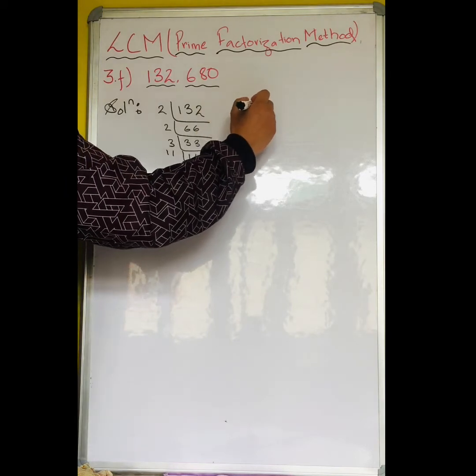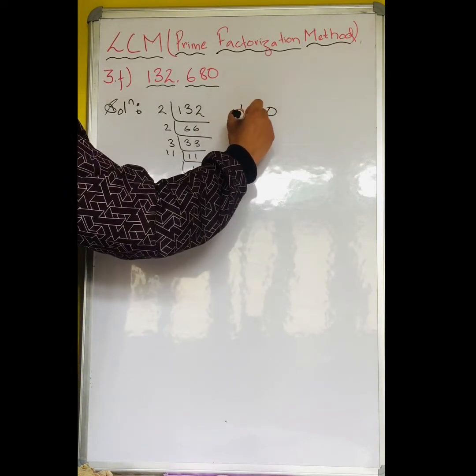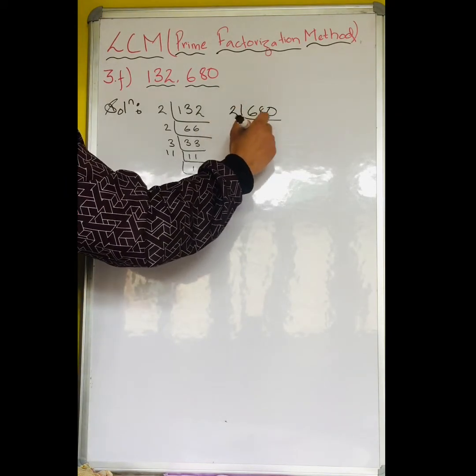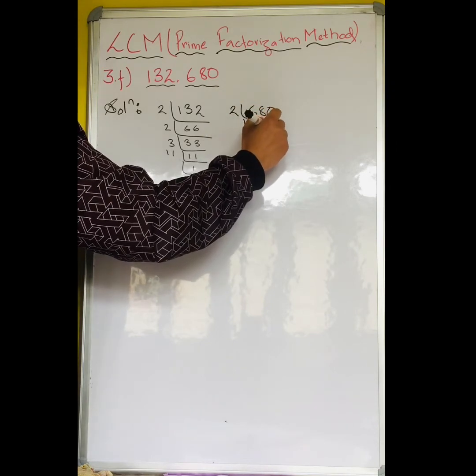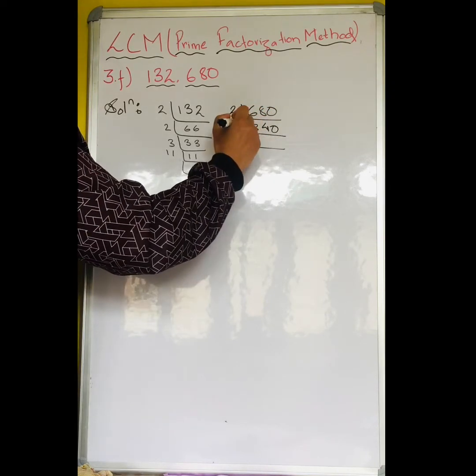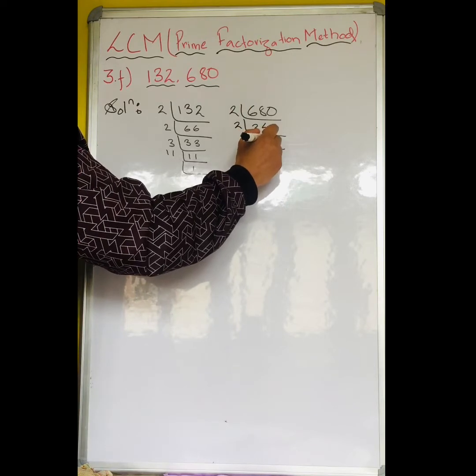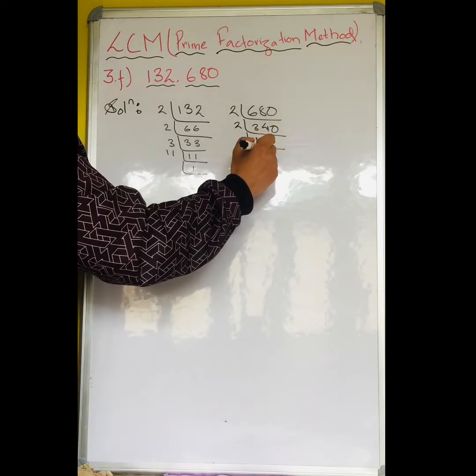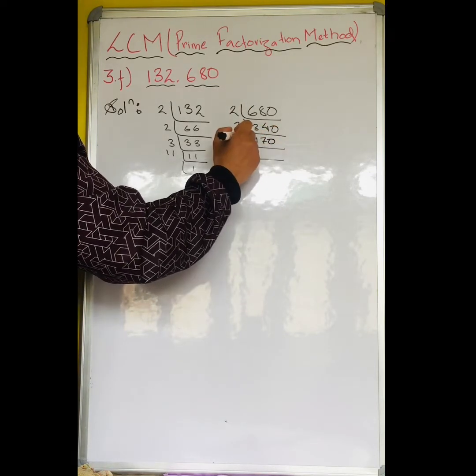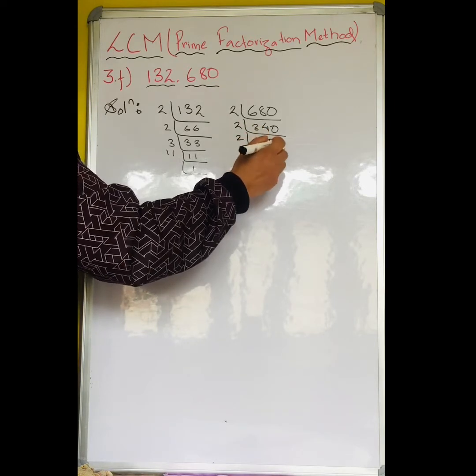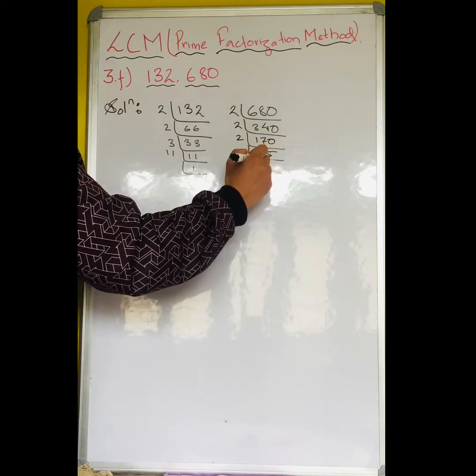Similarly we will factorize 680. 2 threes are 6, 2 fours are 8, 2 zeros are 0. Again 2 ones are 2, 2 sevens are 14, 2 zeros are 0. 2 eights are 16, 2 fives are 10.